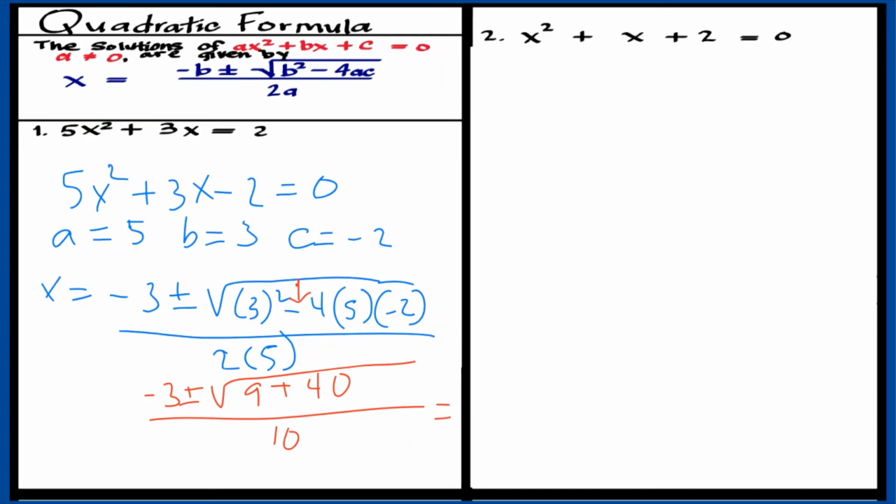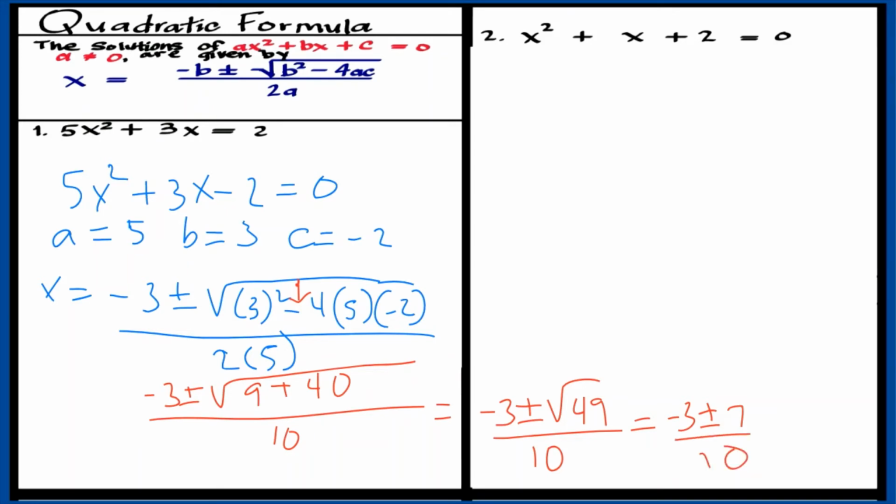So now I have negative 3 plus or minus the square root of 49 over 10. The square root of 49 is 7, so negative 3 plus or minus 7 over 10.